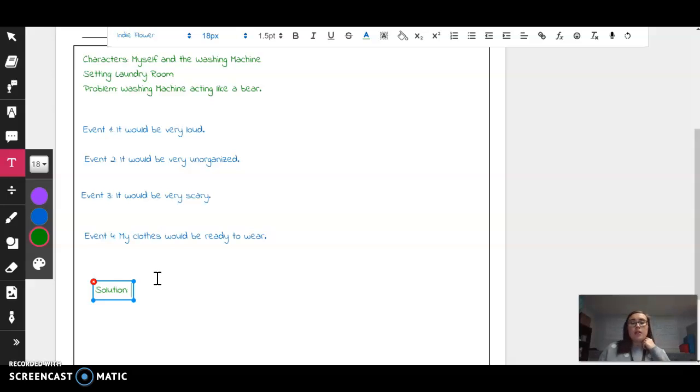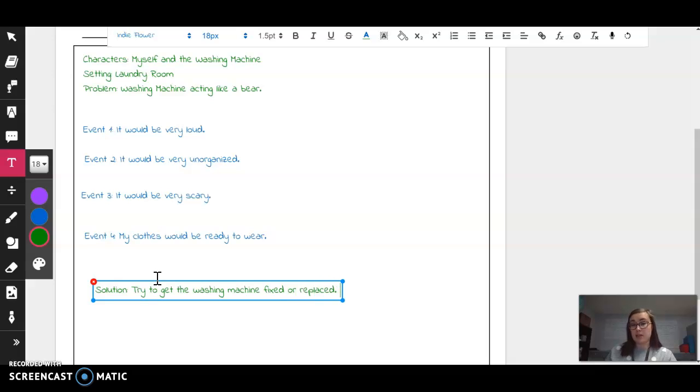So my solution to this problem would be possibly to get a new washing machine or to get my washing machine fixed. So I'm going to say try to get the washing machine fixed or replaced.